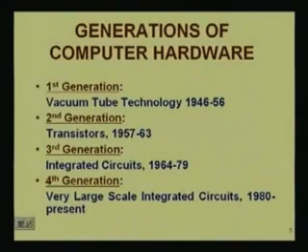It is a very large room covering only one computer. Then we have the transistors, the second generation computers, 57 to 63, and third generation using integrated circuits, 64 to 79.